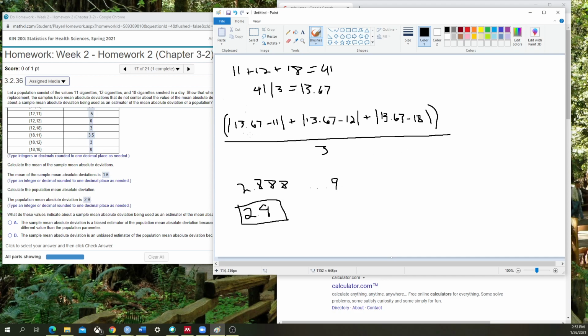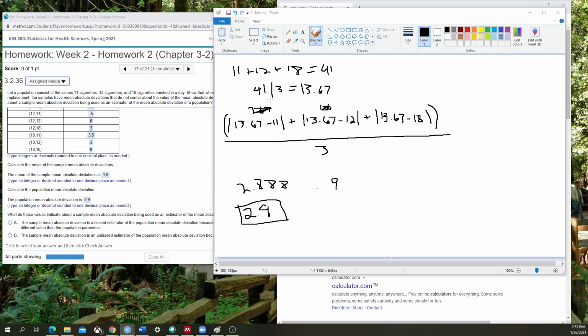All right, now if you were going to do this in parts, you would calculate the difference here, which is 2.67, 1.67. Oh no, I'm sorry, that is incorrect. I don't want to give you false information here. So 13.67 minus 11.